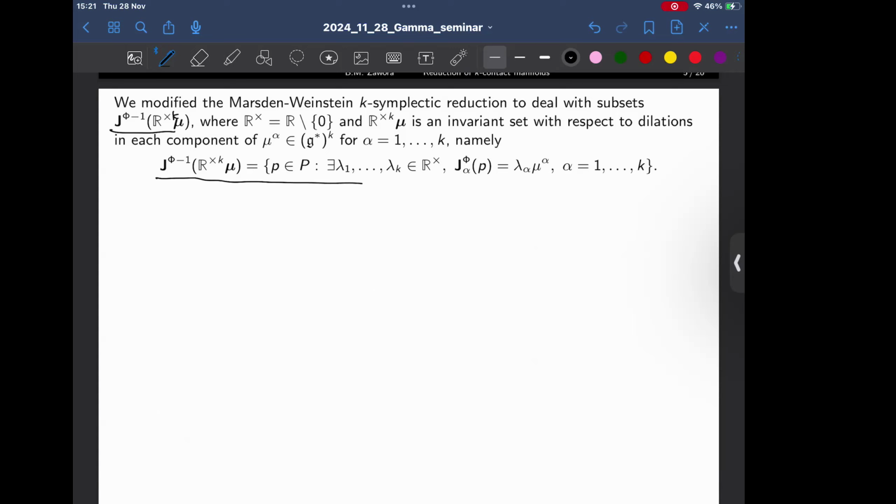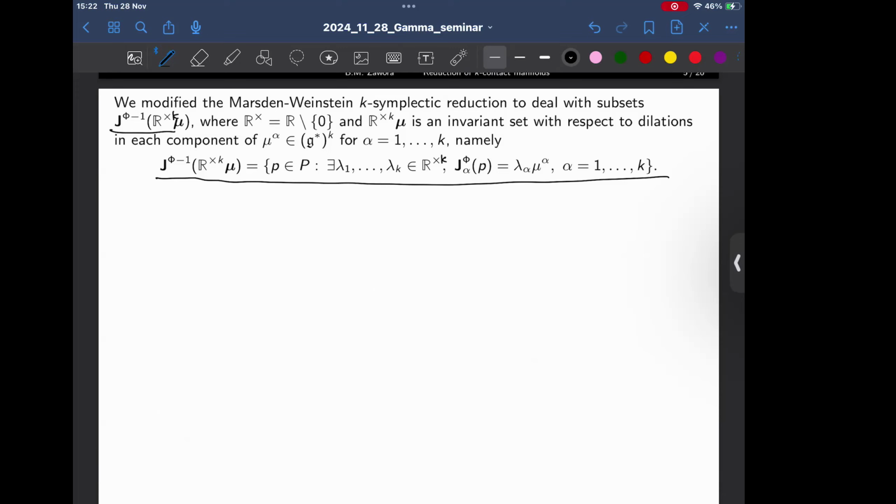We define this as the set of points in P such that there exists an element (λ_1, ..., λ_k) in (R^×)^k such that J^φ_α, the α component of the k-symplectic momentum map, is equal to λ_α μ_α for every α.